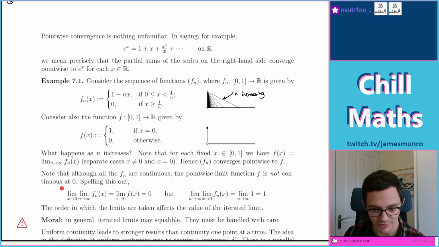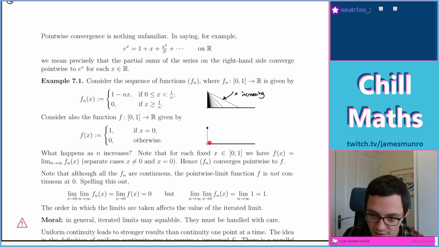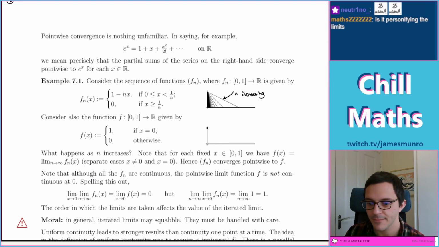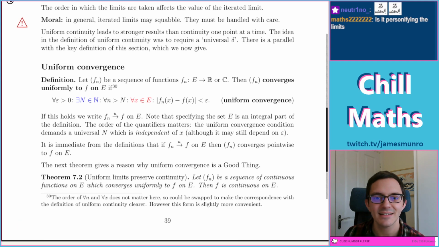So you can't swap the order of the limits, which is irritating in a way. The pointwise limit function is not continuous, and as you come in towards 0, you get these zeros. They're squabbling, yeah, it's giving them a bit of character, I guess.